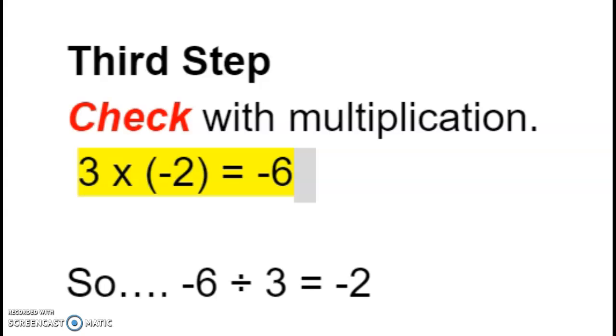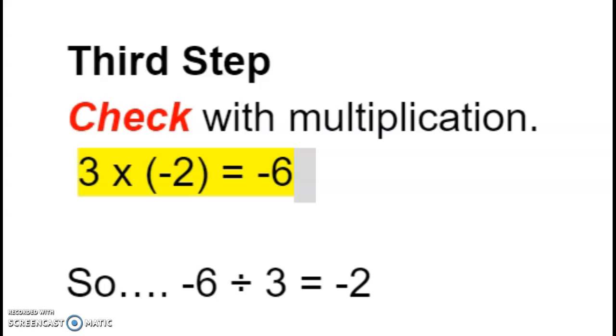We checked 3 times negative 2 equals negative 6 because a positive times a negative gave us a negative, the backwards part of this problem. So our actual division problem, negative 6 divided by 3 equals negative 2.